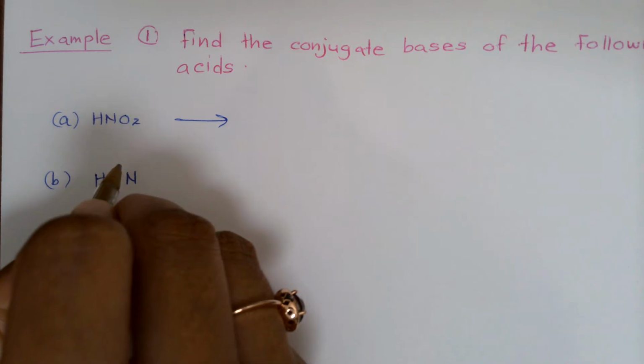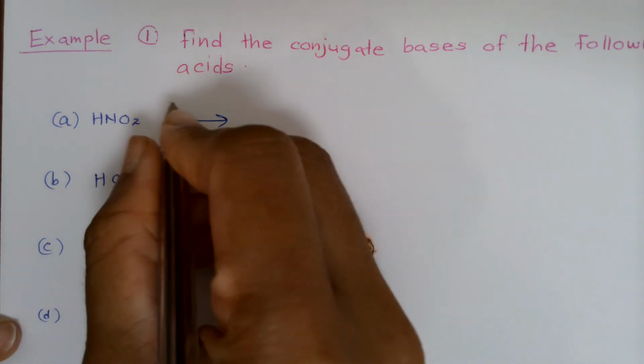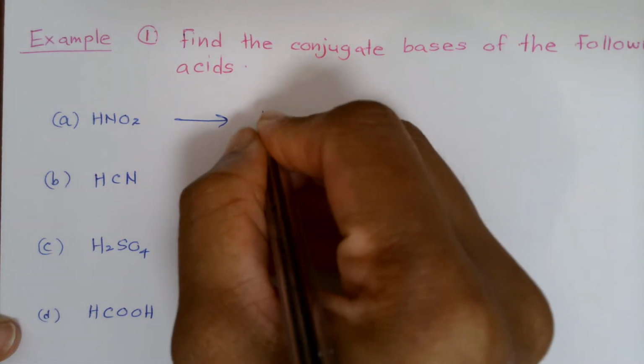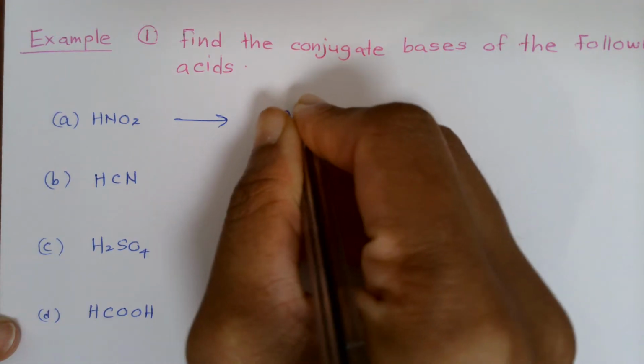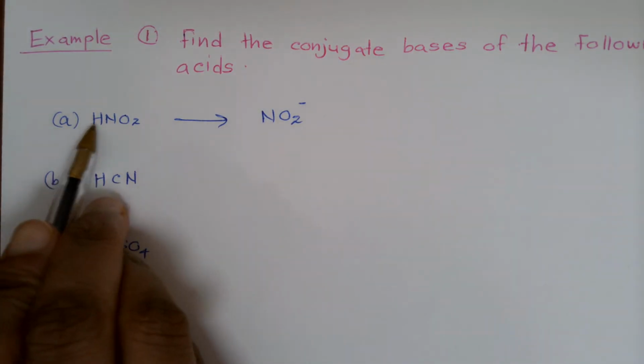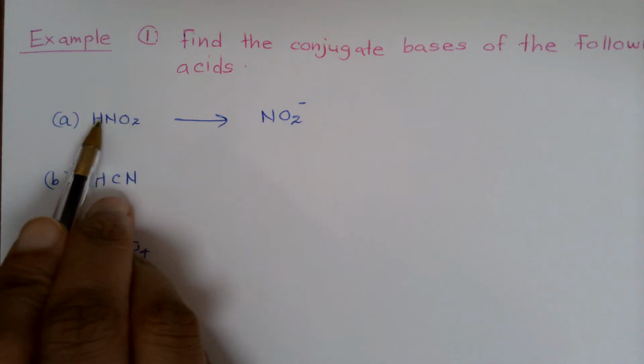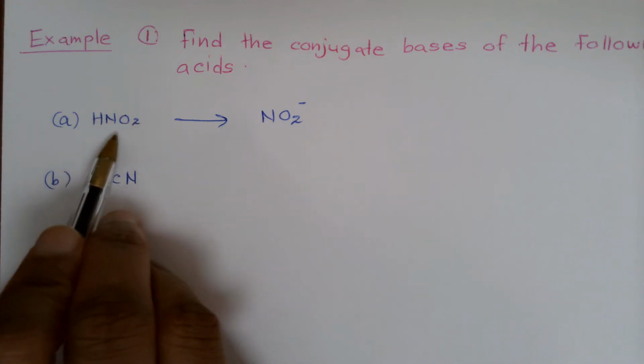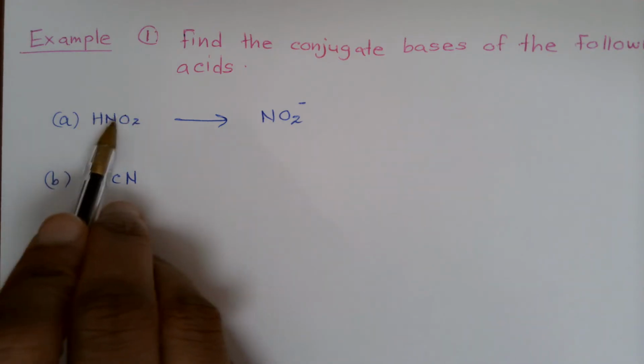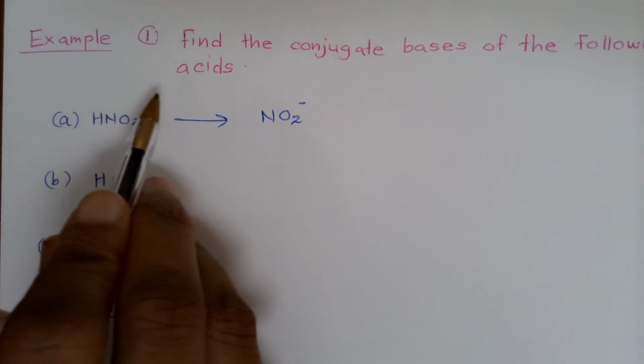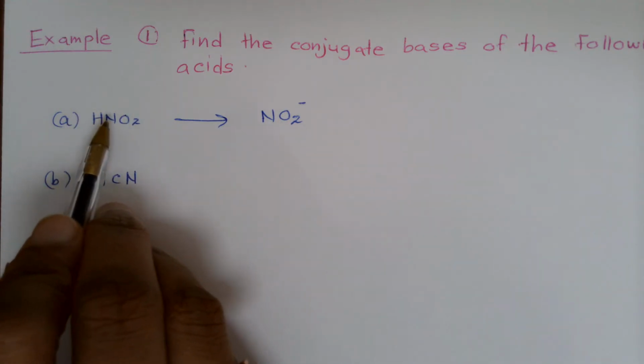We call it nitrous acid. After losing one H+, it becomes NO2-, because you all know the bond between H and N is a covalent bond, two electron sharing. So hydrogen goes without taking its bonding electron.